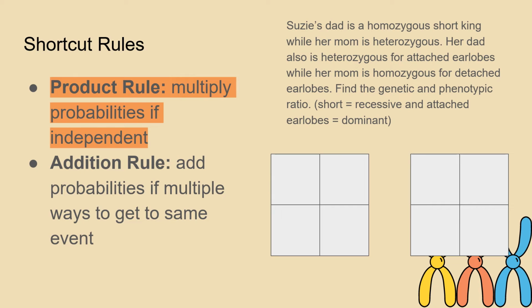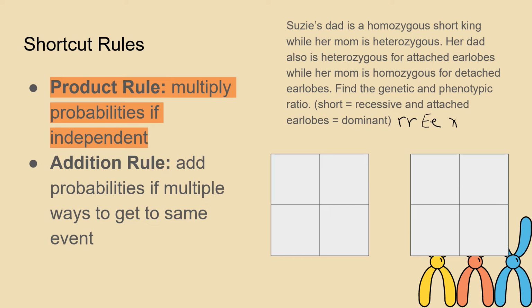So if Susie's dad is homozygous short king, that means it'll be the same allele. So he'll be this. And then the dad is heterozygous for attached earlobes. So that's going to be, we'll do these letters for that.